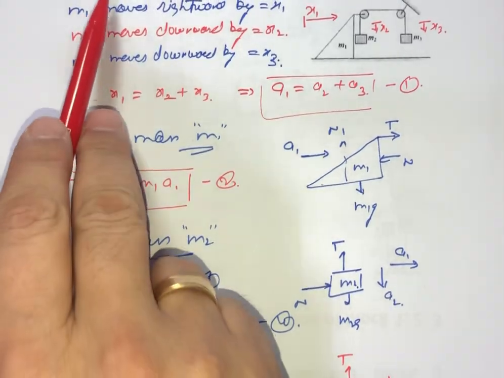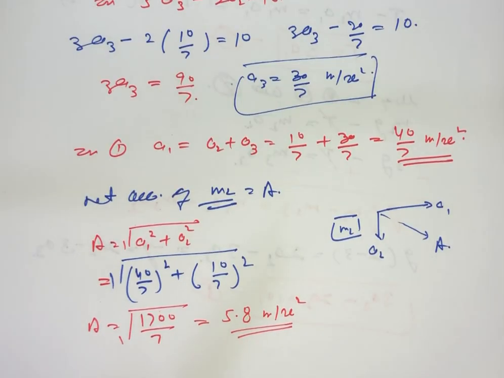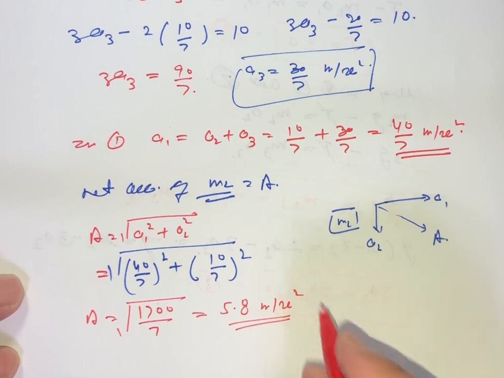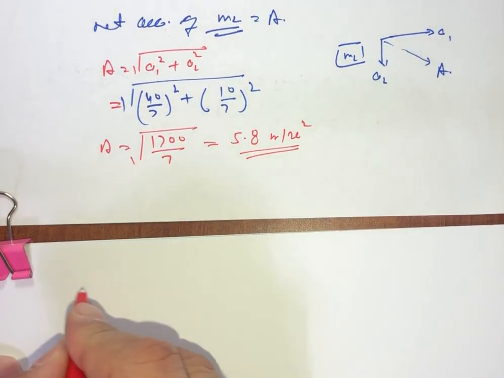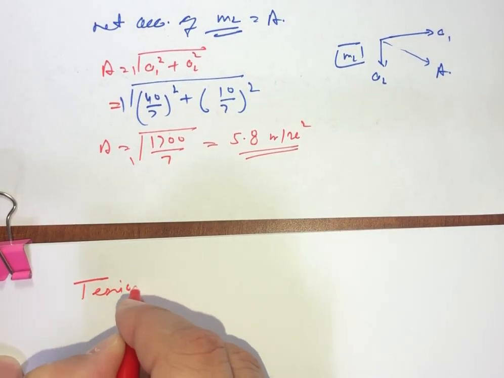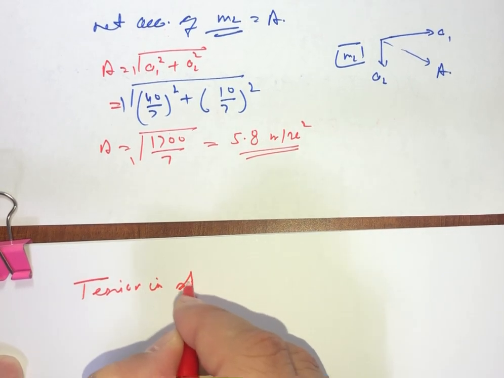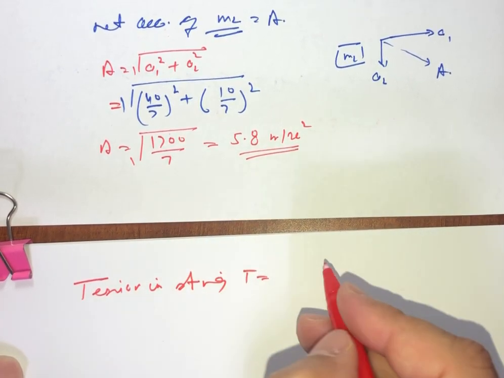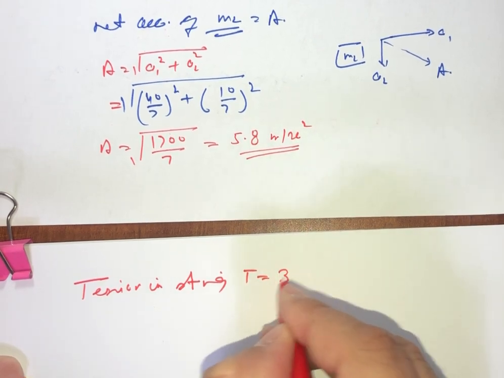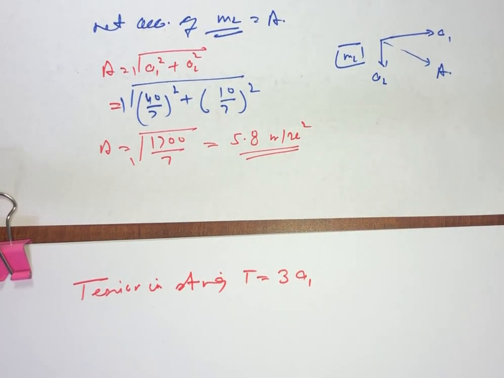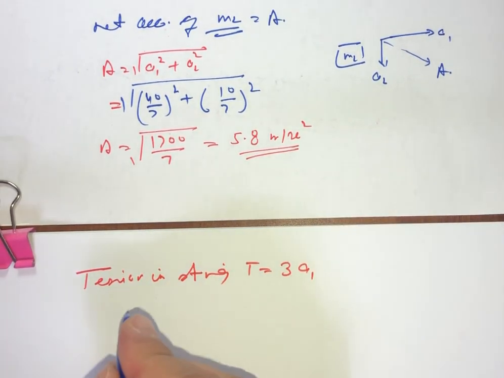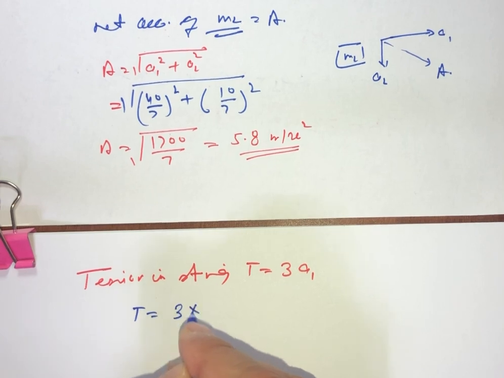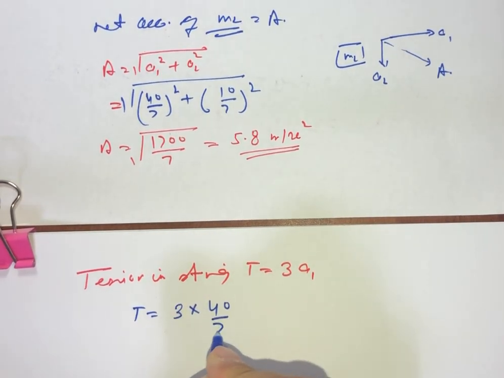And we are also supposed to find out the tension in the string. So we can say that the tension in the string, that is T, we already know the formula is 3a1, and a1 is our 40 by 7, so we get tension T is equal to 3 multiplied by 40 by 7.